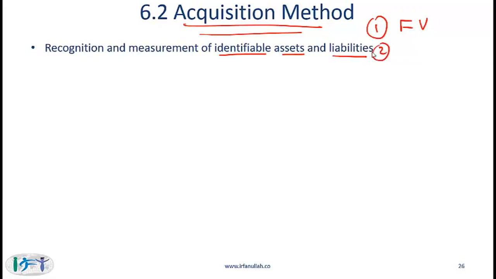The second point is that if the investee or the company which is being acquired has developed some intangible assets such as copyrights or patents. And since those intangible assets which are identifiable have been developed internally, it is possible that the book value is zero.